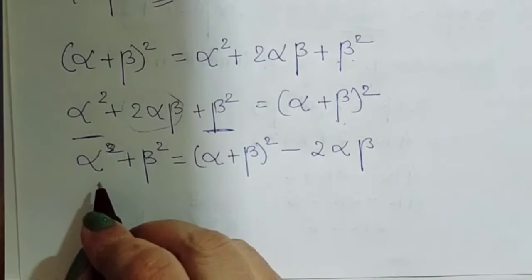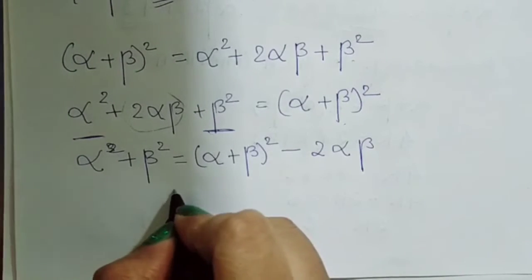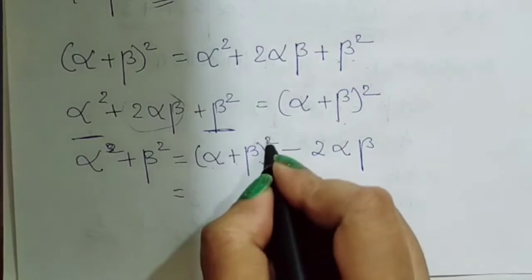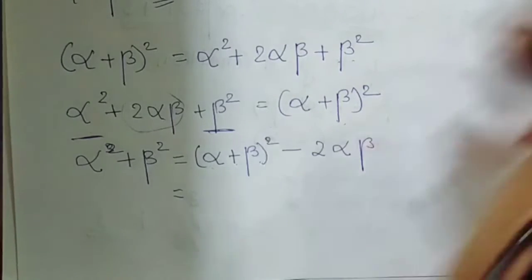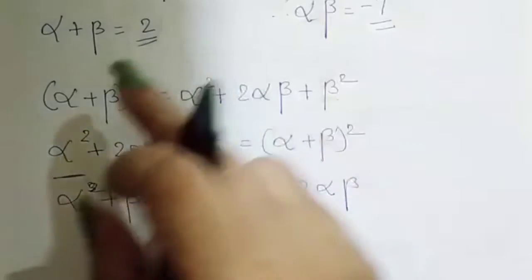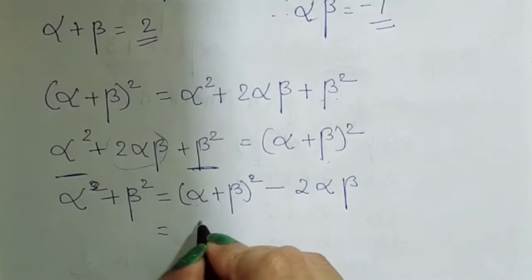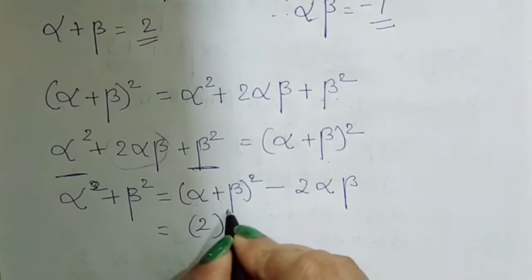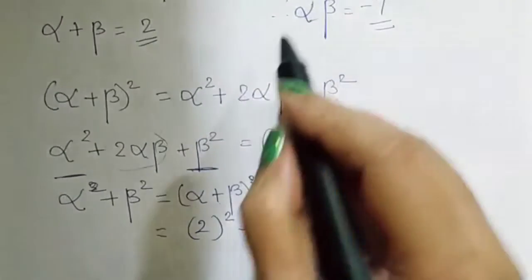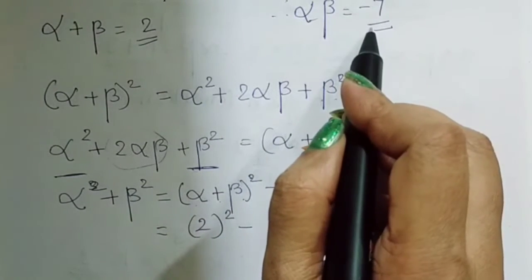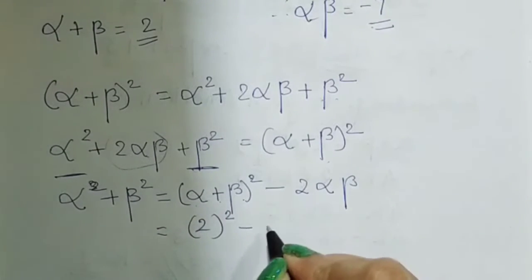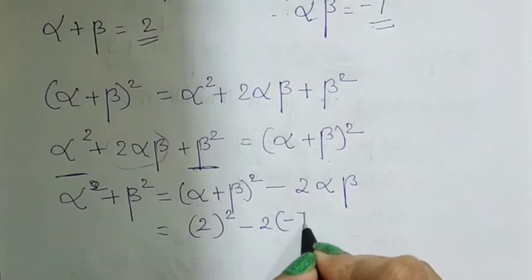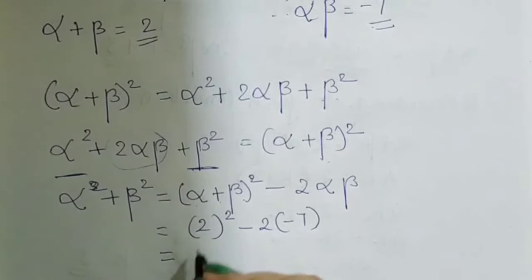I hope you are getting me. Now here alpha plus beta square we got 2, so we are writing 2 square minus alpha into beta we got -7. So after 2 square, minus of -7 I am going to write.